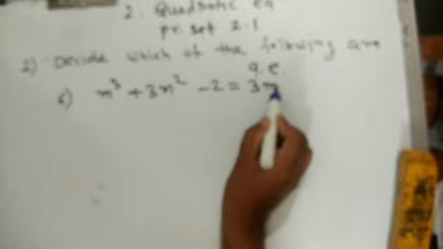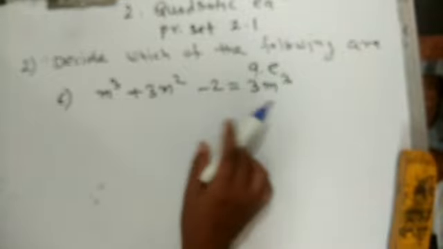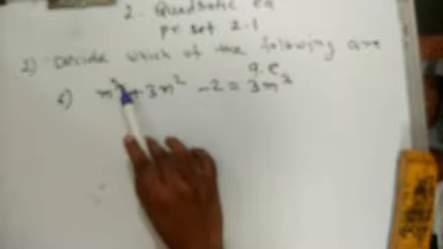In the last problem, which equation is given? m cube plus 3m square minus 2 is equal to 3m cube. Look here, there is only one variable, but the maximum index is 3.